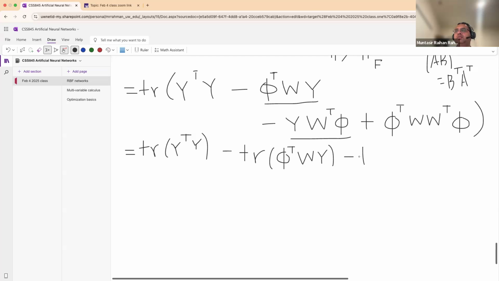And then I have the transpose of Y W transpose phi. And then finally, I have the transpose of phi transpose W transpose phi.